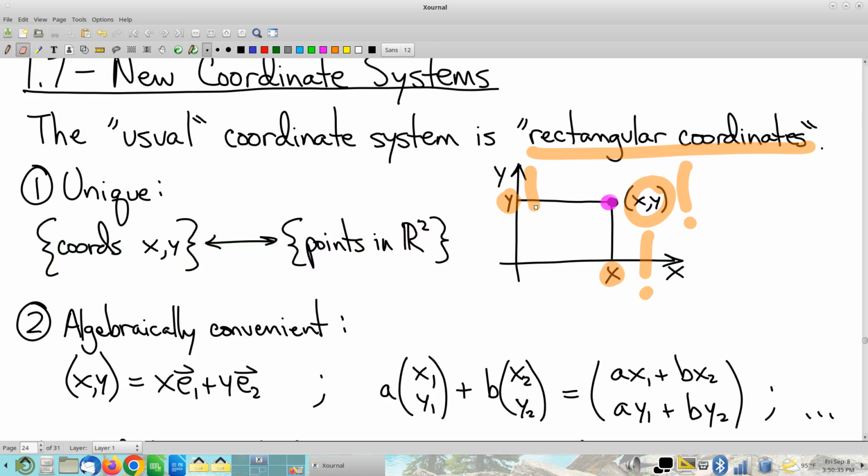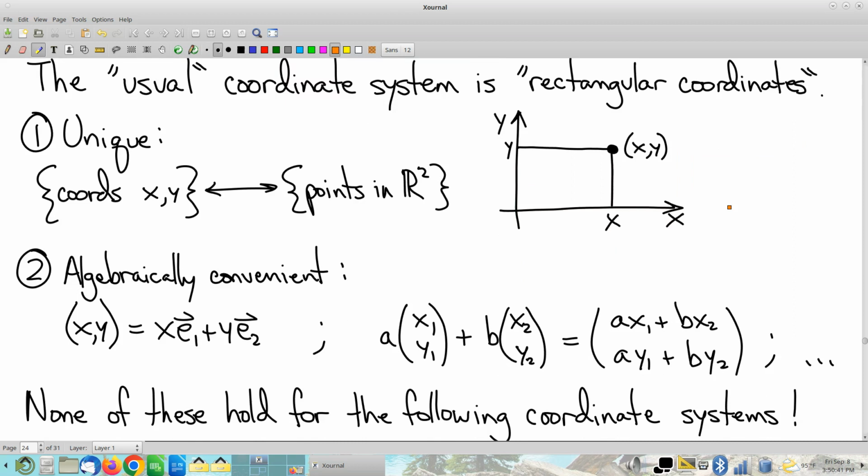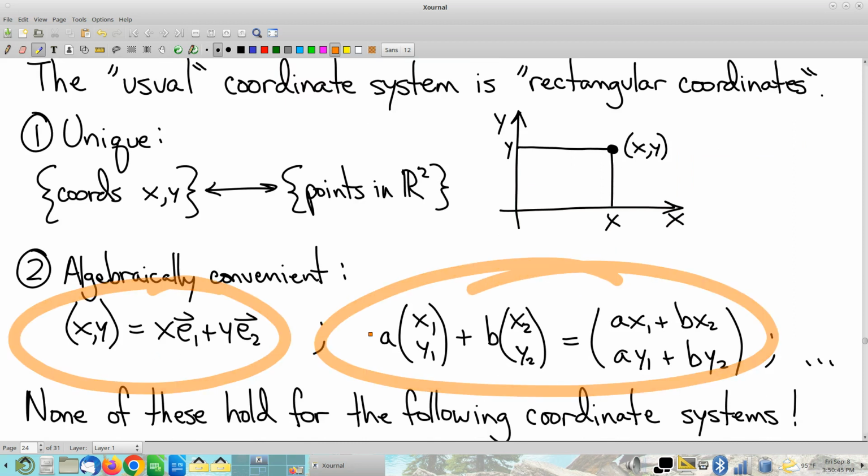The other thing, and again, we've gotten so accustomed to rectangular coordinates, we almost take the following for granted, but really nice conveniences of how the algebra plays out. The coordinates are the coefficients in a linear combination of the standard basis vectors. Well, this is ultra handy.